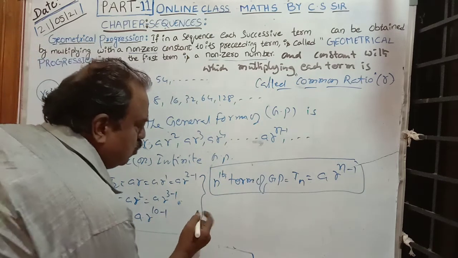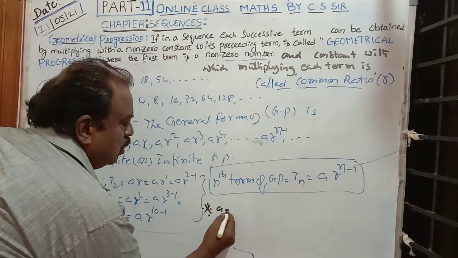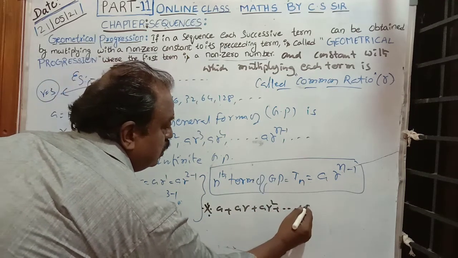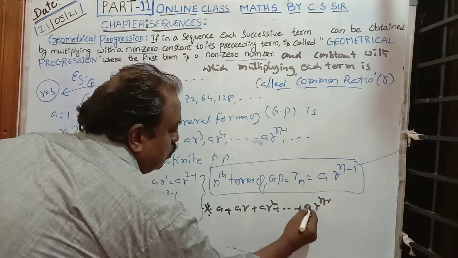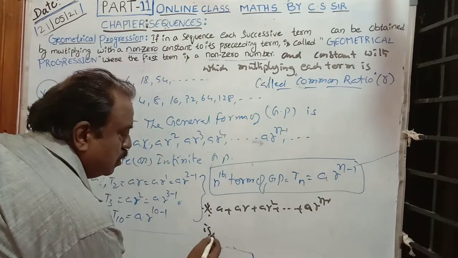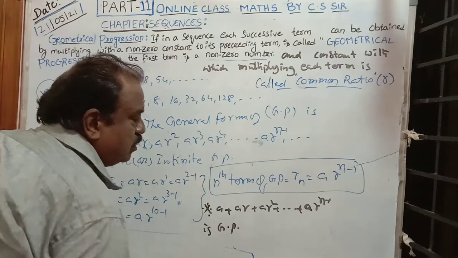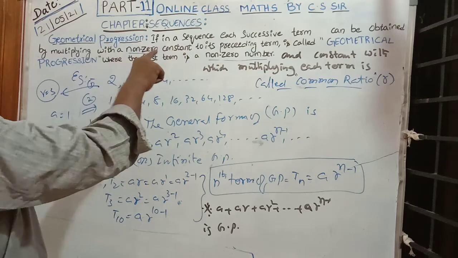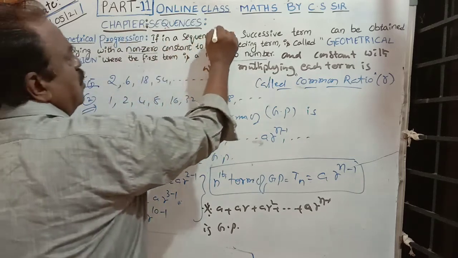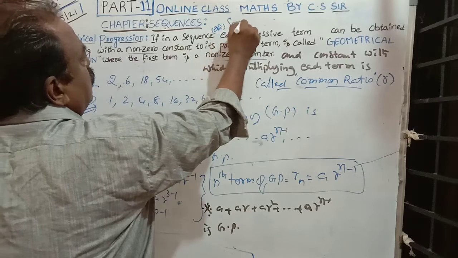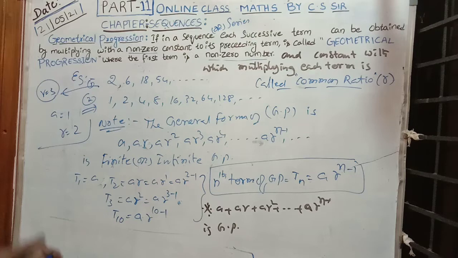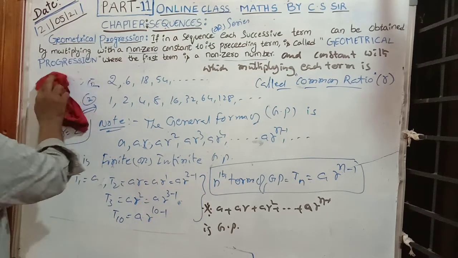Yes, it is also there. a + ar + ar^2 + ... + ar^(n-1) is also a GP, because a sequence or a series, both are the same, we may take it. That is the concept of geometrical progression.